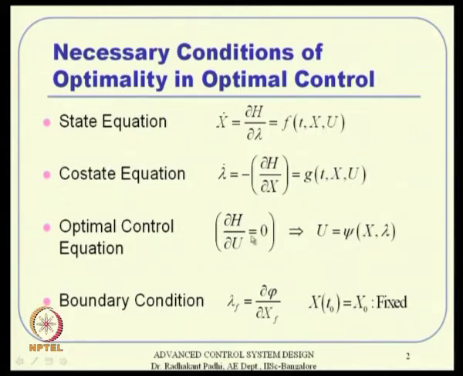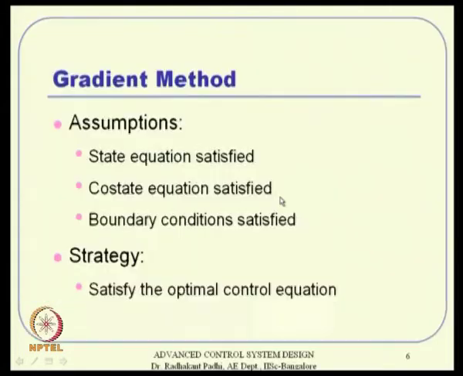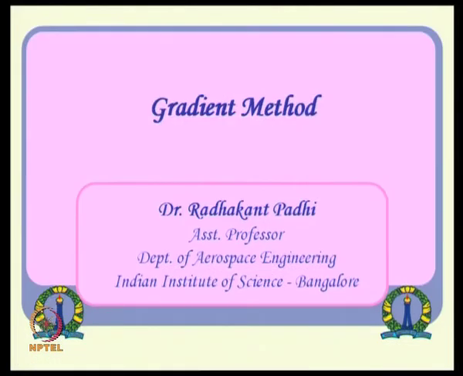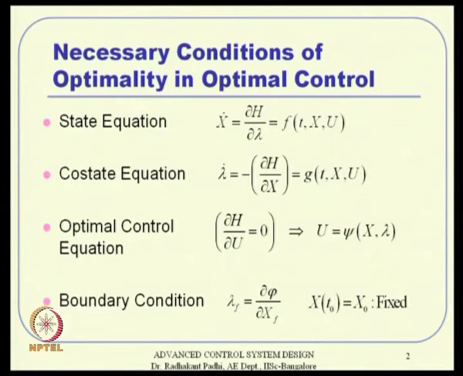You can update your control based on this update, first updating the control and then integrating one step backward and keeping the process going that way. Or sometimes people integrate the entire lambda history first and then update the control history everywhere from t f to t 0. So, there are two choices with you actually.